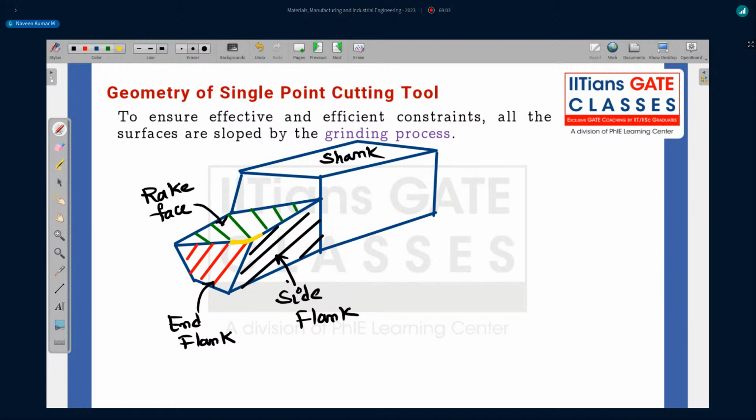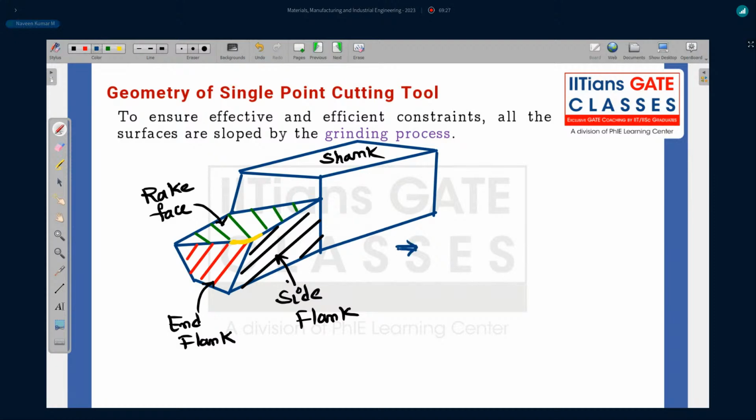Okay. So with the 6 angles along with nose radius, if you write them in a sequence, angle 1, angle 2, angle 3, like that, angle 6 and nose radius, in a predefined sequence, we call it the tool signature. So let me write that point.